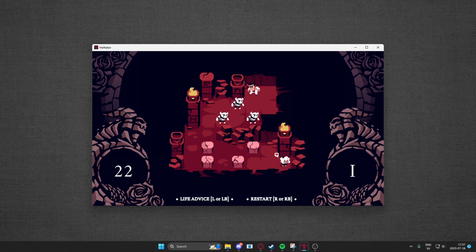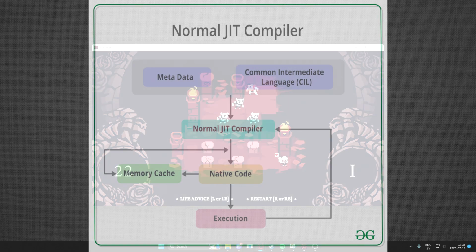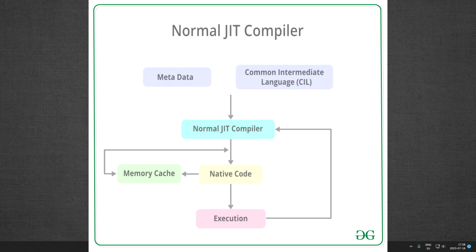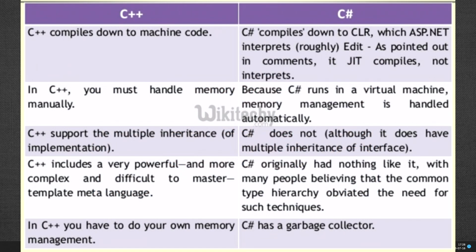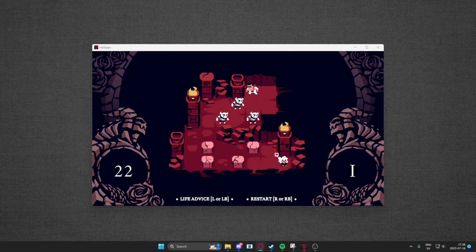since it's a Unity game, it means the game is made with C#, and because it's made with C#, the compilation happens in real time, which is different to your usual C++ games and the games that I've shown earlier.